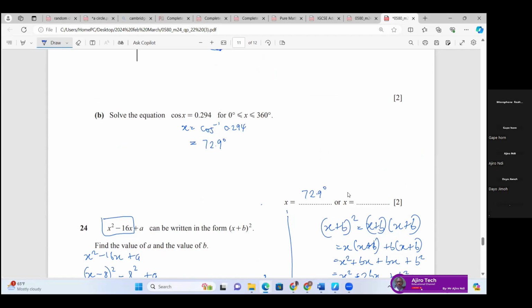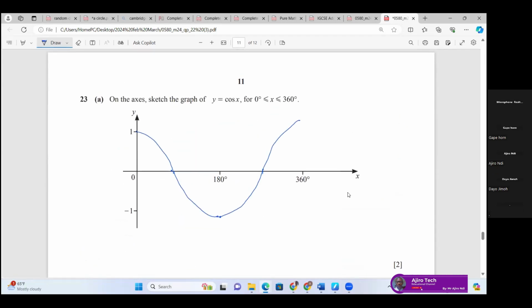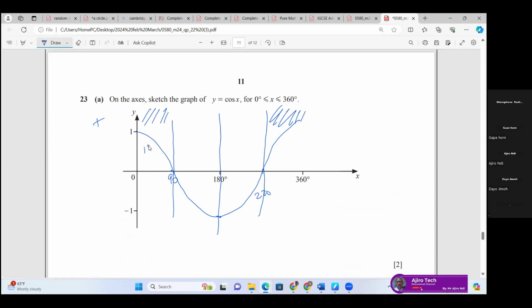That's because cos is positive in 2 regions. This is 90, this is 180, this is 270. So cos is positive in this region and this region. That is the first and fourth quadrant.